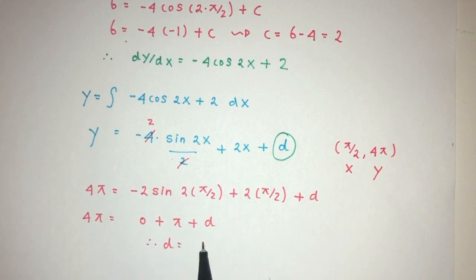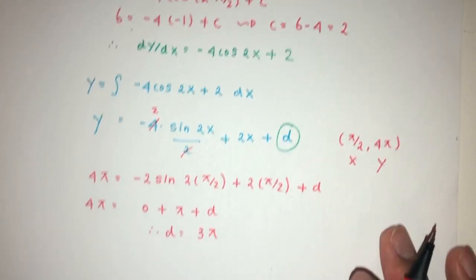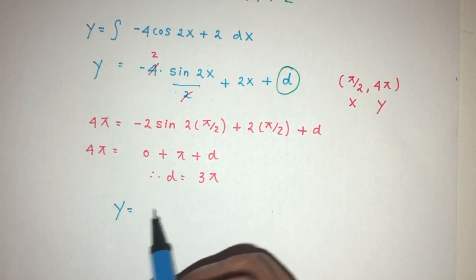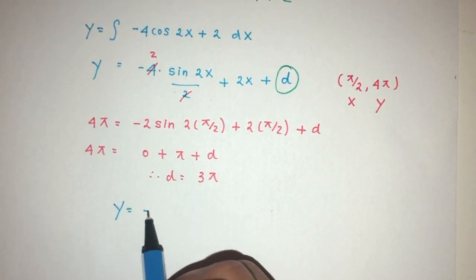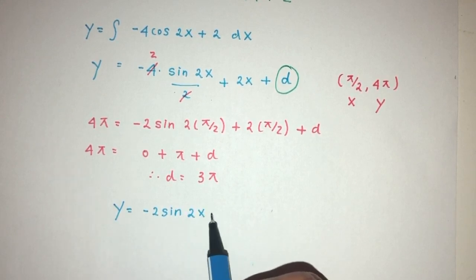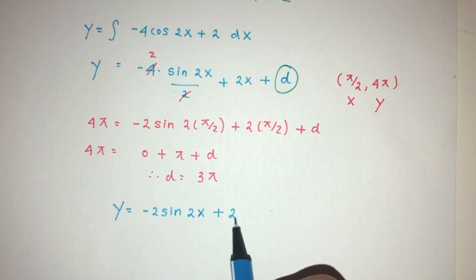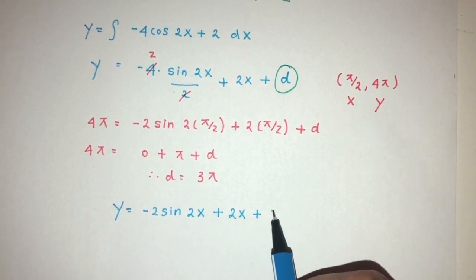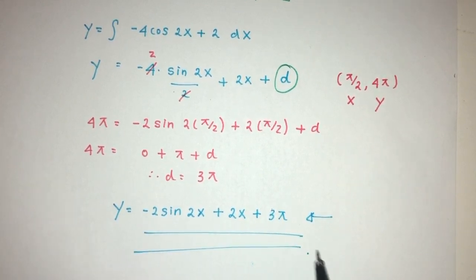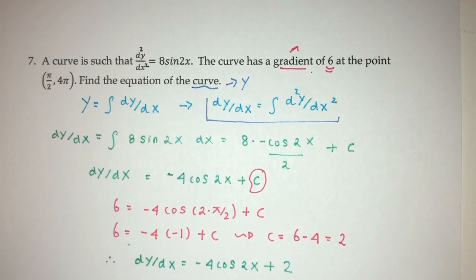Now d has to be 3 pi. Now simplify, in the end you will have what? Y is equal to, replace here, minus 2 sine 2x plus 2x plus 3 pi. This is your equation of the curve for question number 7.